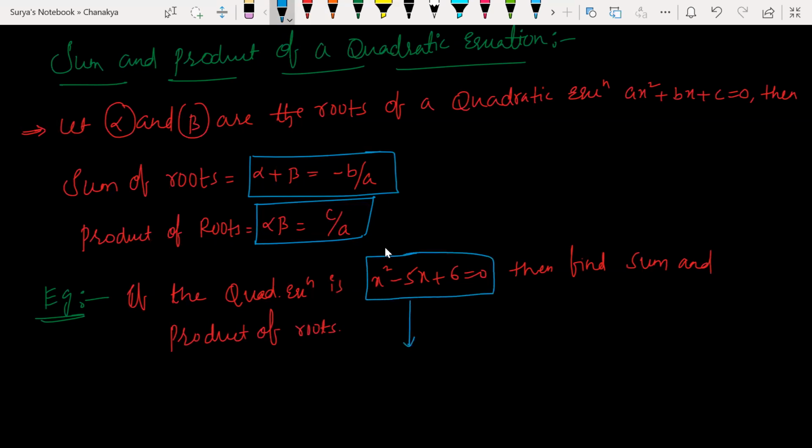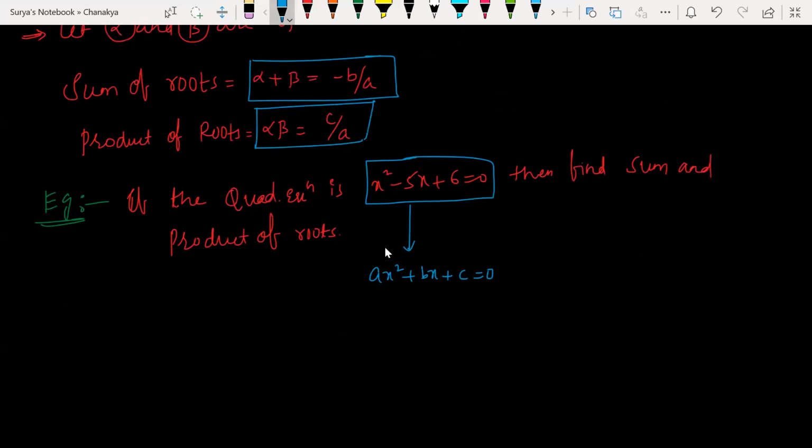So it is looking like ax square plus bx plus c is equal to 0. So where my a value is what? a is equal to 1, b is equal to minus 5, and c is equal to 6. So sum of roots is equal to, so for this, what I need to find?